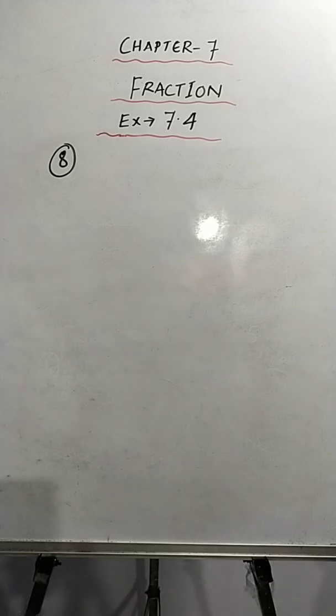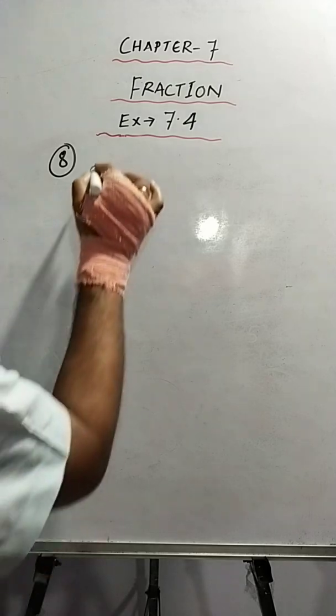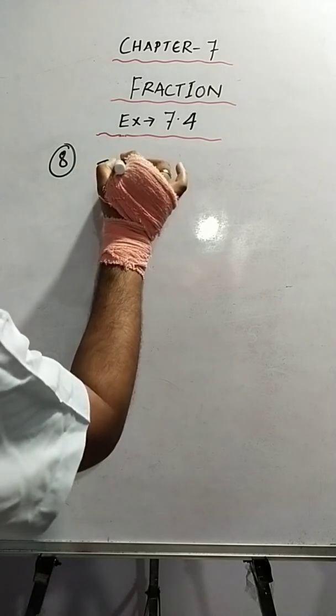Ila read 25 pages of a book containing 100 pages. That means there is a book which is having how many pages? 100 pages. So this is the first line we have to write, total number of pages.